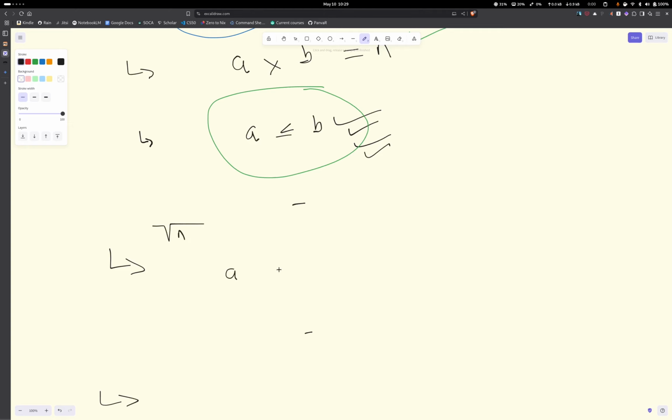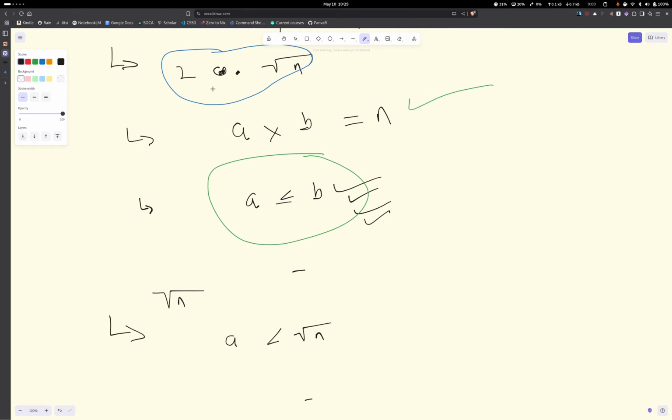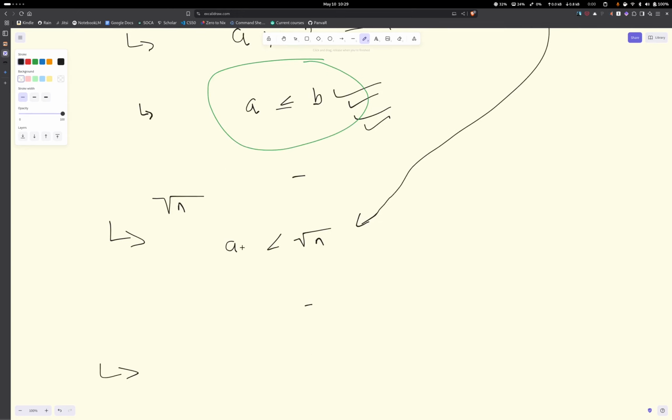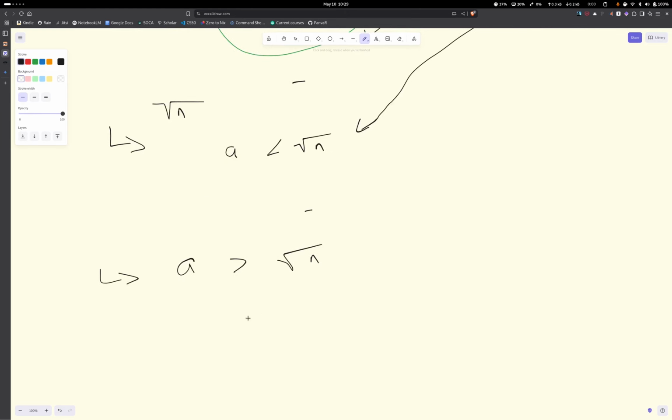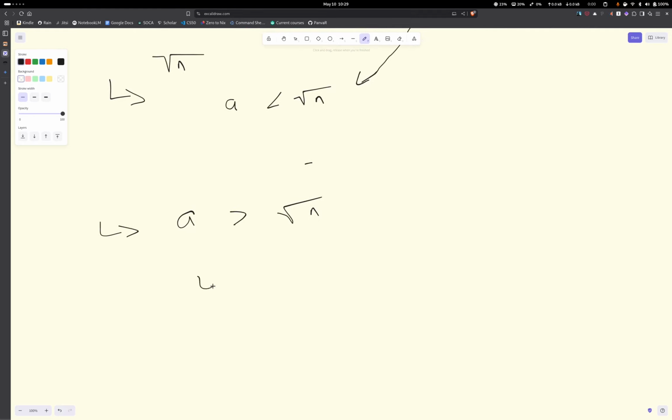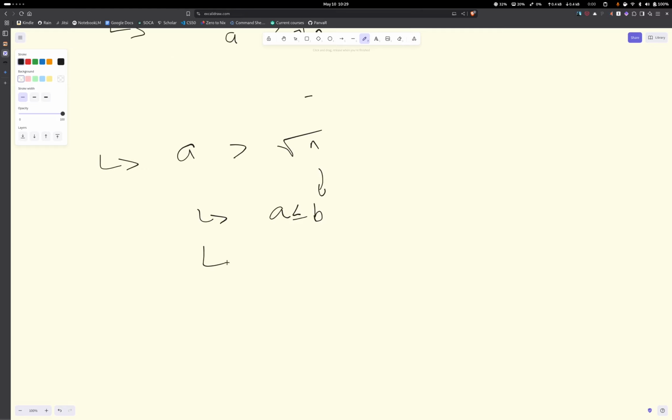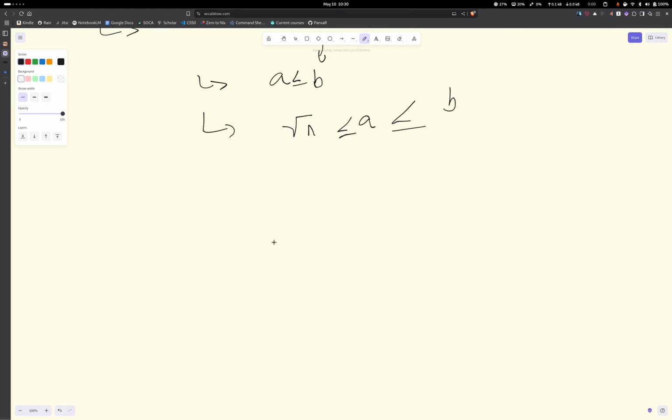The first possibility is a is less than the square root of n, but then that directly violates this supposition. The second possibility is a is greater than the square root of n, but if a is greater than the square root of n and a is less than b, then b is greater than a, which is also greater than the square root of n.